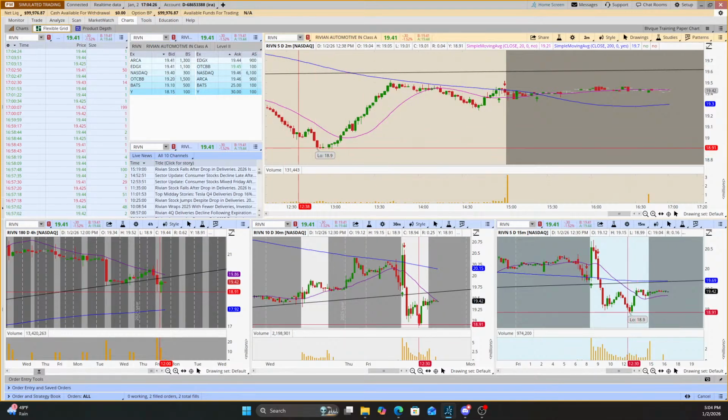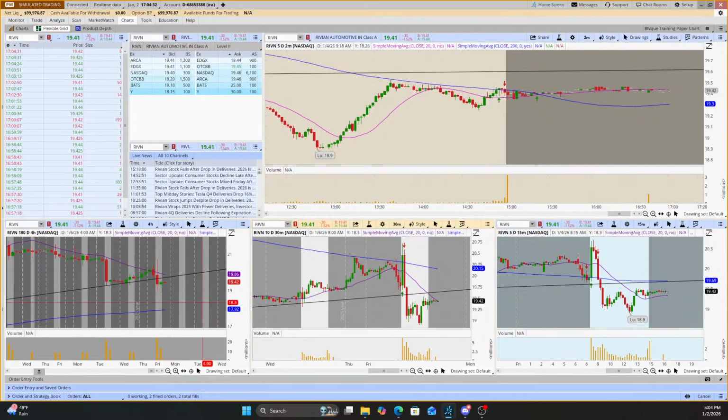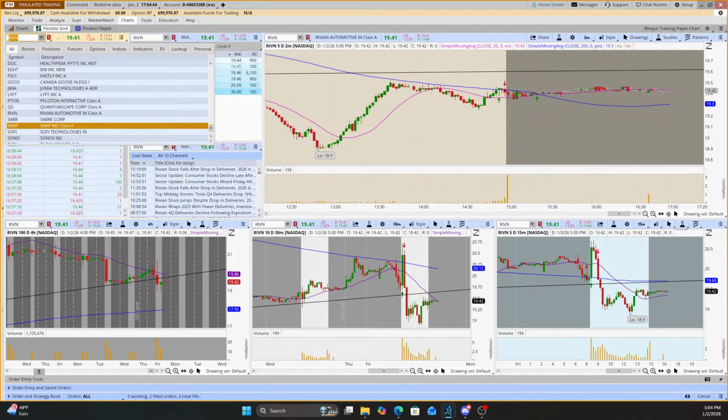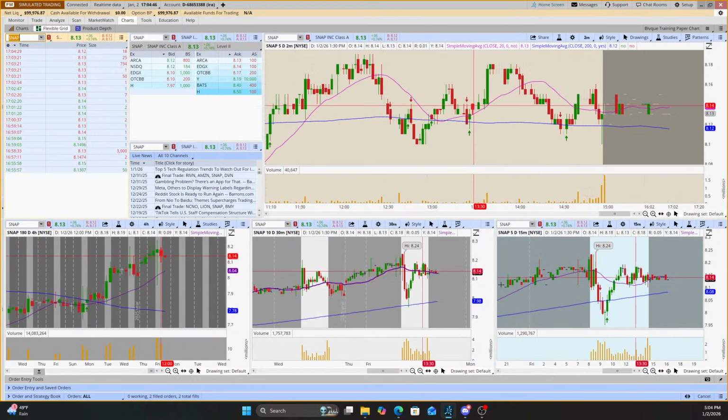So boom. Definitely would have been a good buy right here. Snap. Go out to the big chart.